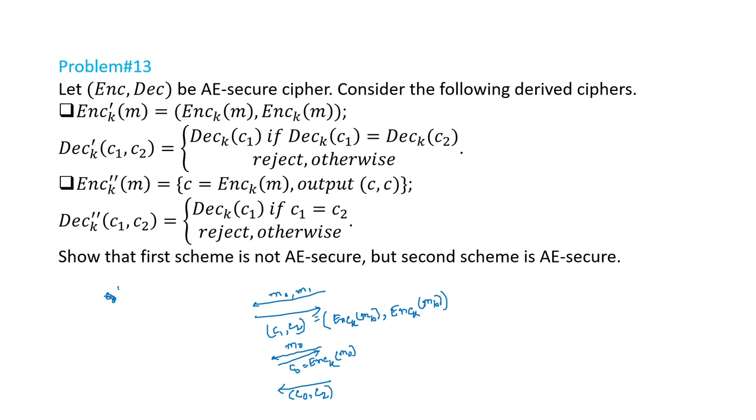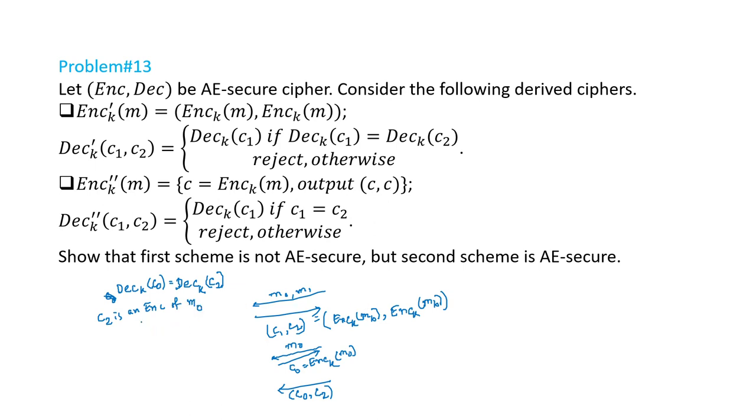Now in the decryption oracle, it checks whether decryption of C0 is equal to decryption of C2 or not. So it can be the case that C2 is an encryption of M0, right?